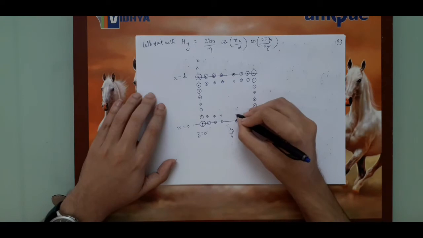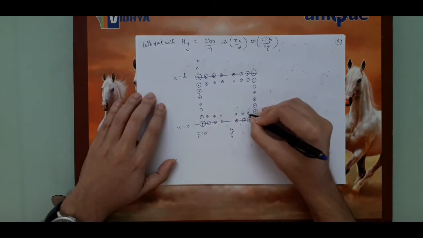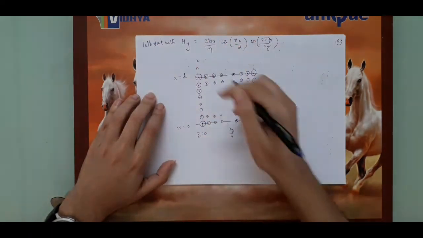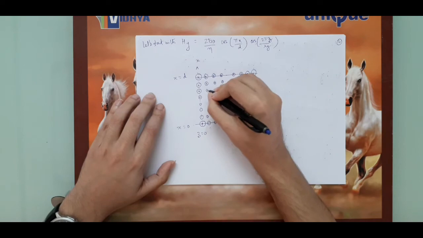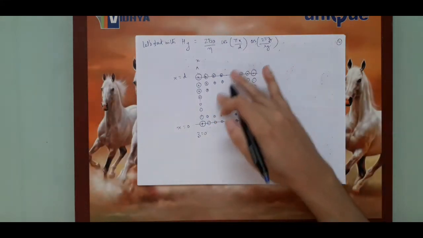Something of this kind, and so on and so forth. So this would reduce and like that. So you will actually see there is a null somewhere in the middle.